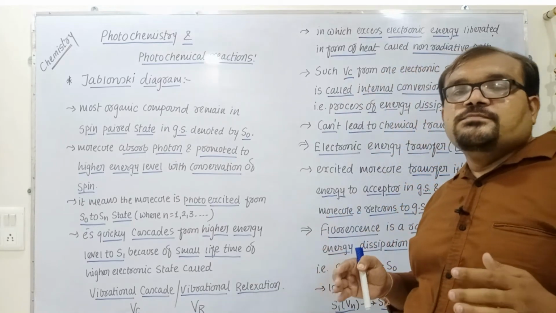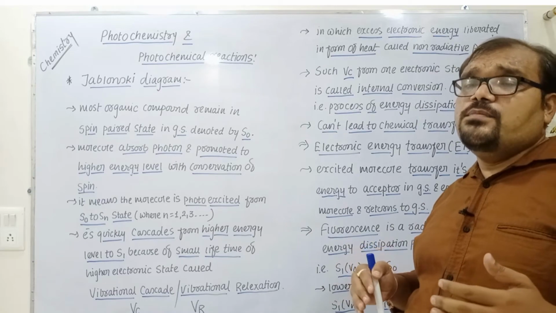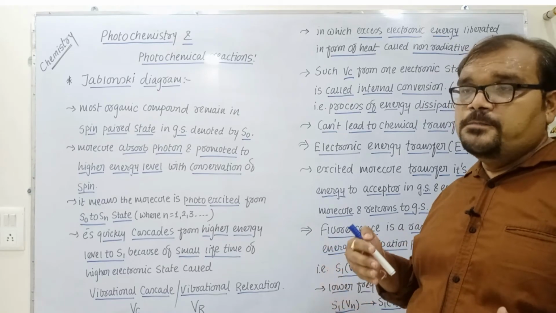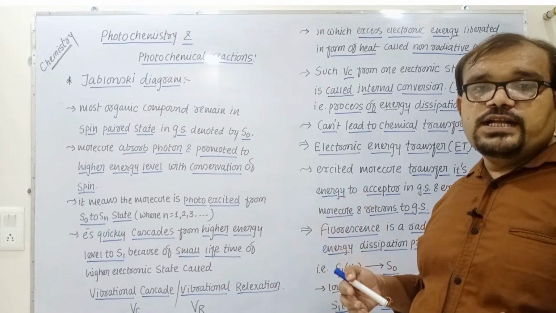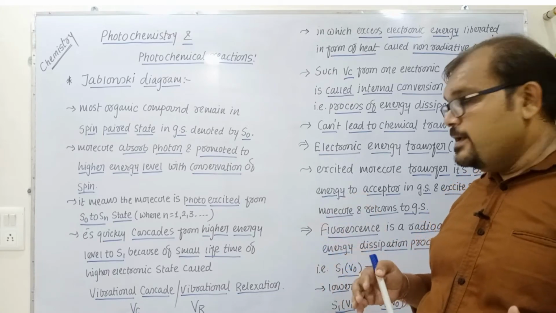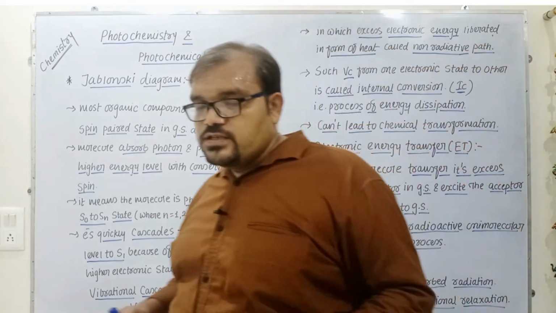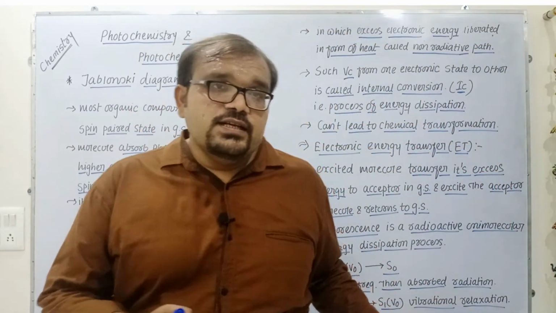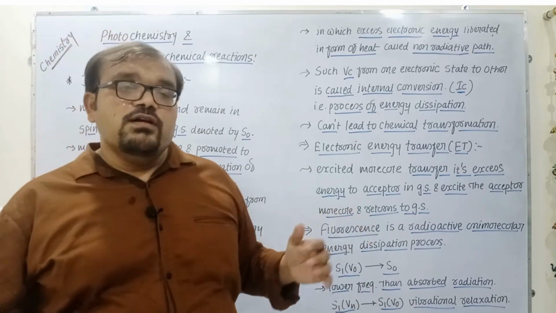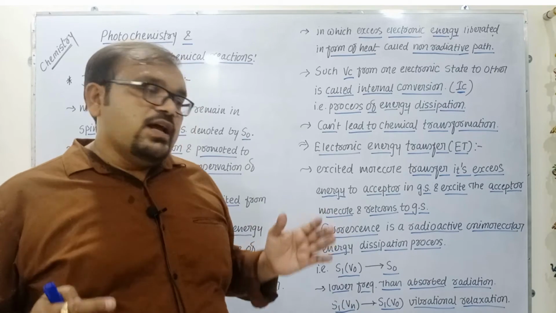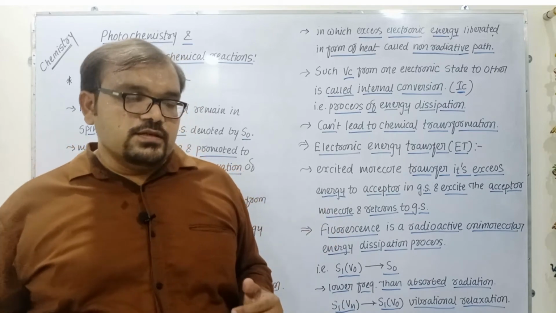Now lastly we discuss certain more terminologies which are used mainly in photochemical reactions or photochemistry. So the first one is fluorescence. So what is fluorescence? As we can see here, fluorescence is a radiative unimolecular energy dissipation process, right?